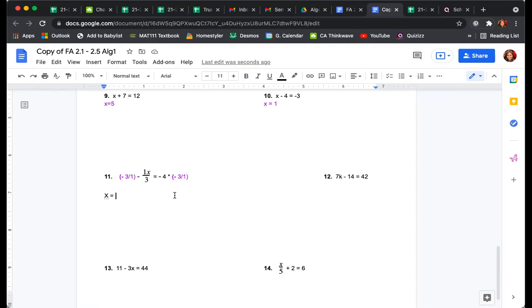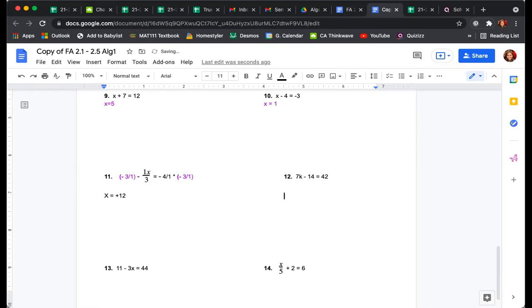Negative 4 times negative 3 is positive 12. Then you multiply the denominators. There's not 1 under 4, which means we understand it to be over 1. And 1 times 1 is just 1. So final answer is x equals positive 12 over 1, or just positive 12.